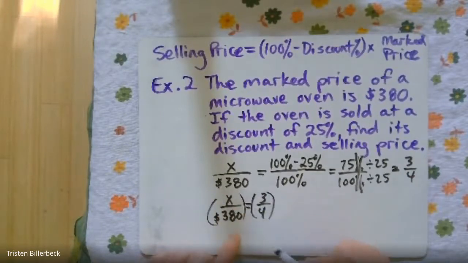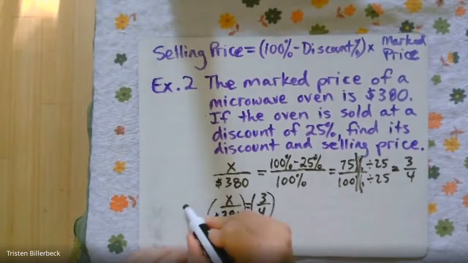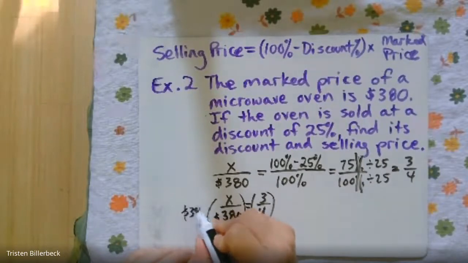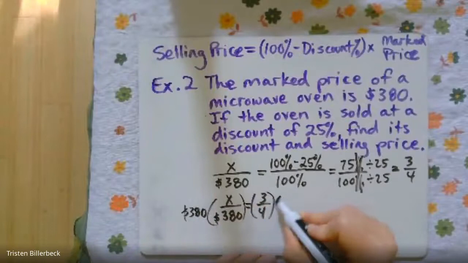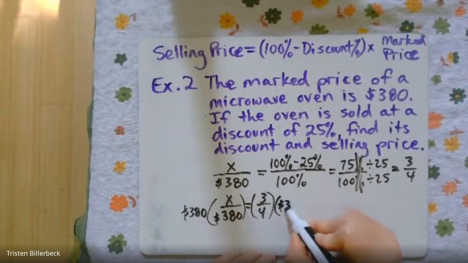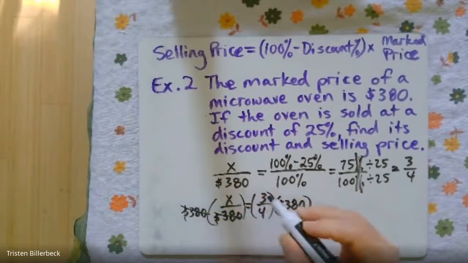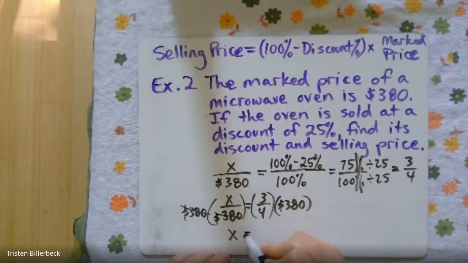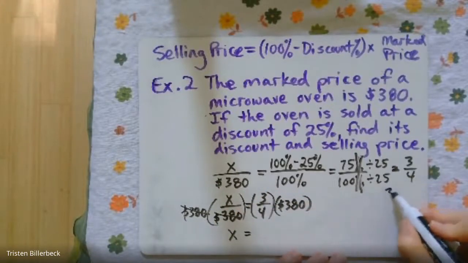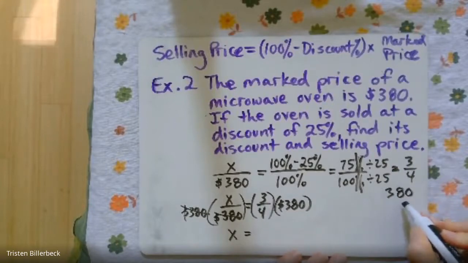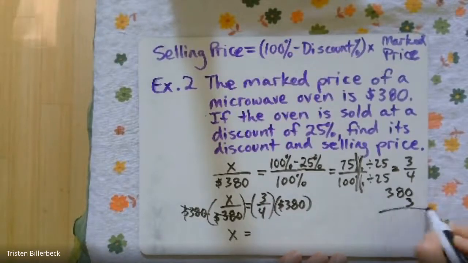So since x is being divided by 380, we're going to multiply by 380 on both sides. And that cancels. And we have x equals, and we want to find out what 3 times 380 is.